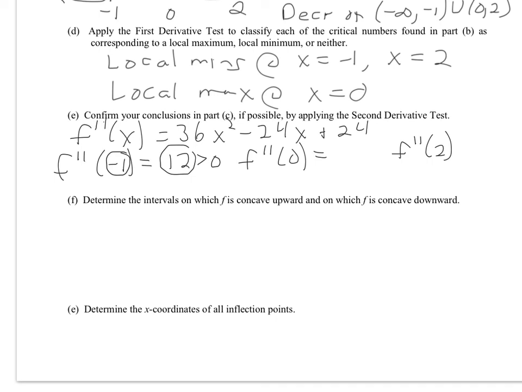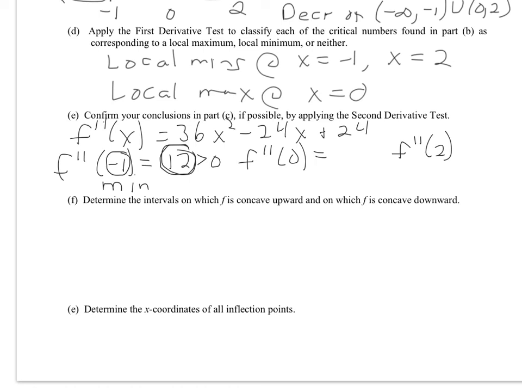The graph has a horizontal tangent there because the first derivative is equal to 0 there. Now, by virtue of the fact that we got a positive number here, that tells us that not only do we have a horizontal tangent at negative 1, we have a graph that looks like a smiling face there. And so that must correspond to a local min, which agrees with our answer in part D.